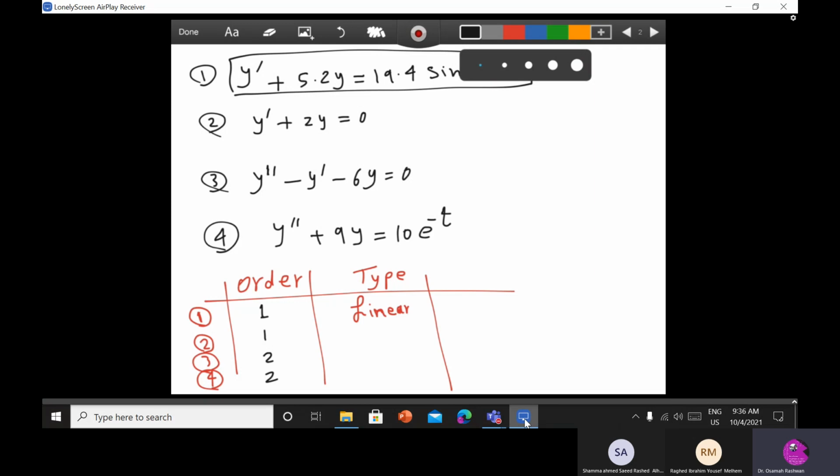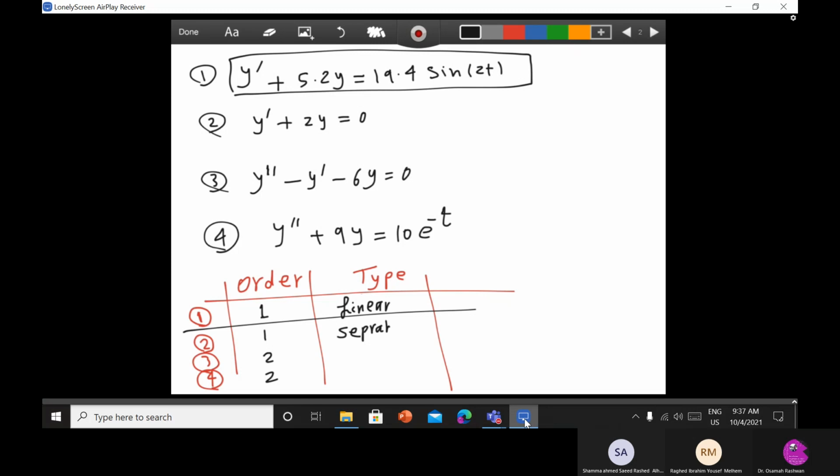The second one: separable? Yes, separable, because I can separate this one.